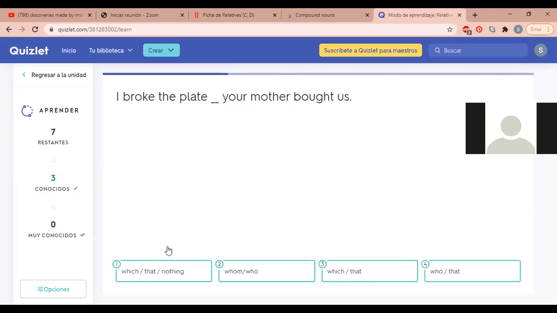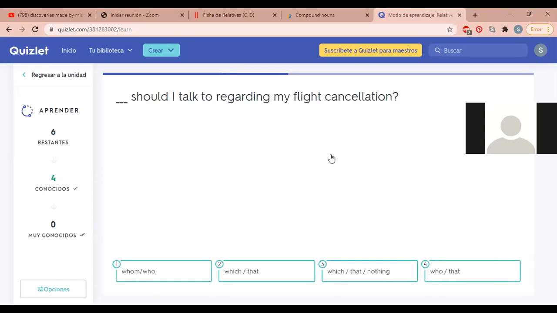Sí, podríamos utilizar which, that, o no podríamos utilizar ninguno, que no cambia el significado. I broke the plate which your mother bought to us. ¿Sí? Rompí el plato, como estamos hablando de un objeto, which, sí, el plato que tu madre nos compró. Thank you, Jimmy. Let's see this one.